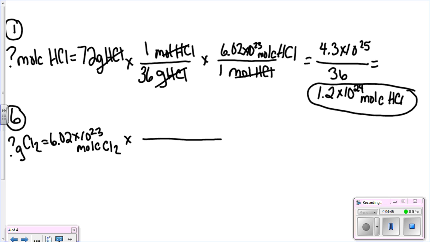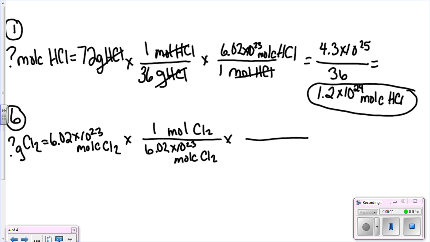So since we're starting in molecules, we will put molecules down in the bottom of our equality, which will be Avogadro's number, the 6.02 times 10 to the 23rd molecules of Cl2. And the box we're going to, which is moles, will go on the top. And since the substances are both chlorine, it's 1 mole.